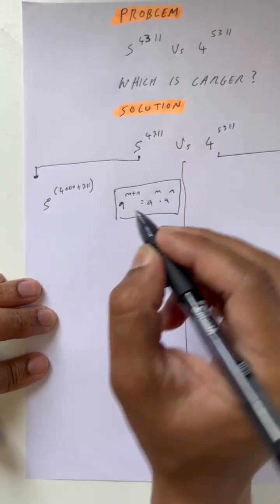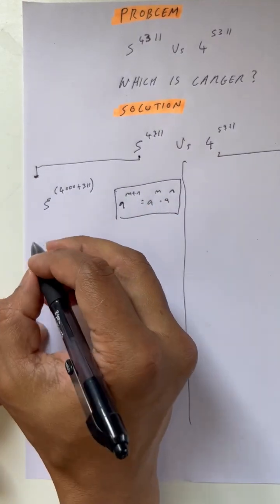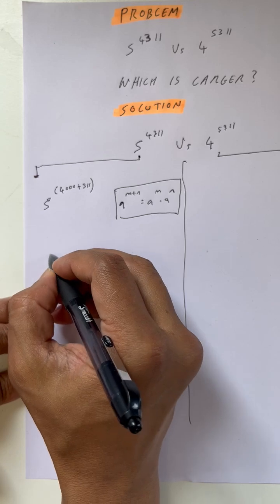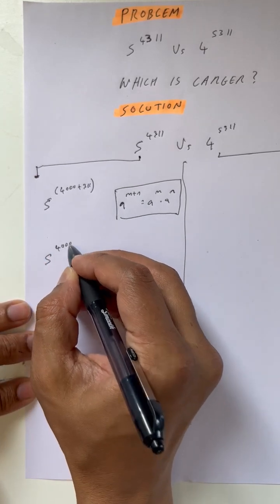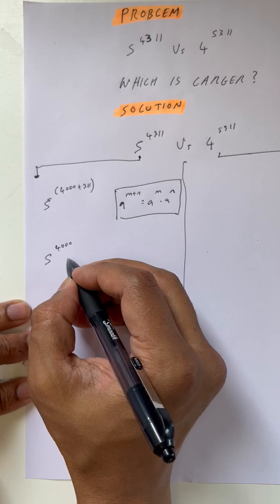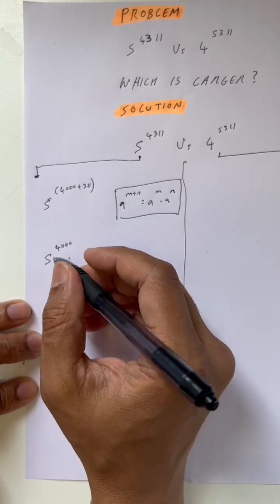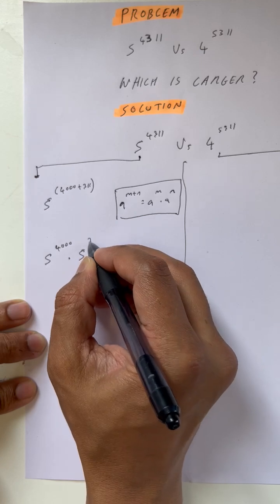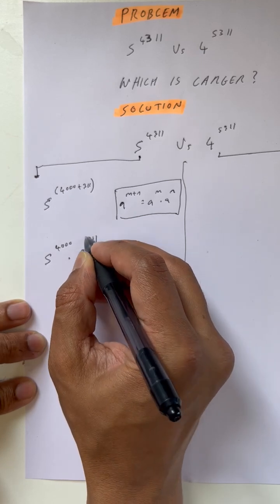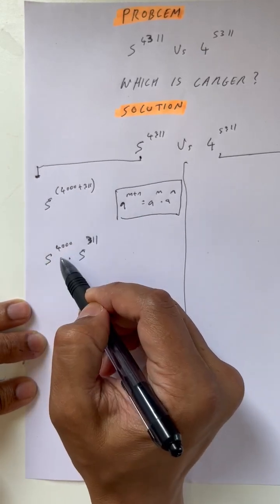So we can use this. We can say 5 to the power of 4,000 times 5 to the power of 311. That's the same as that.